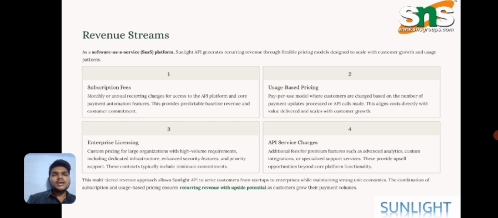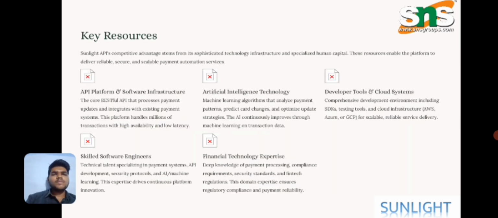This multi-tiered revenue approach allows Sunlight API to serve customers from startups to enterprises while maintaining strong unit economics. This combination of subscription and usage-based pricing ensures recurring revenue with upside potential as customers grow their payment volumes.